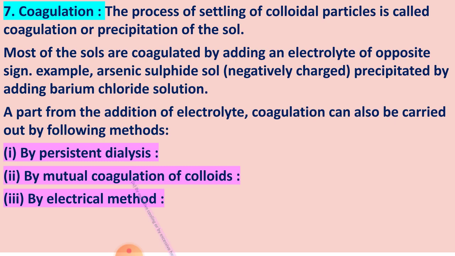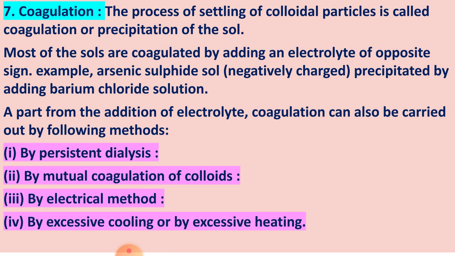Now the fourth method is by excessive cooling or by excessive heating. This is also an important method by which you can do precipitation. That means excess cooling and excess heating.